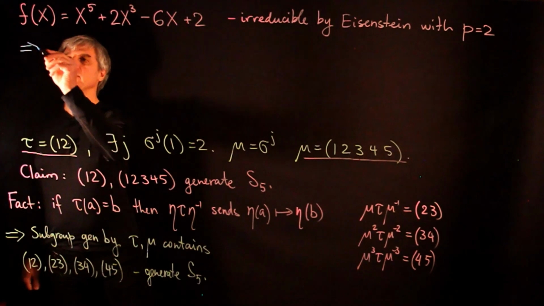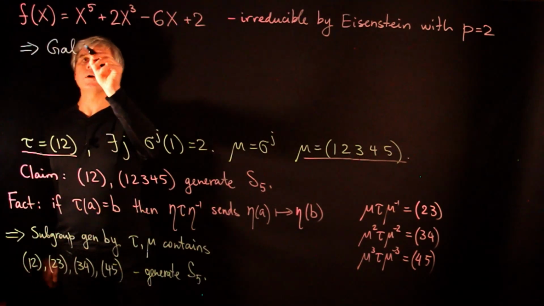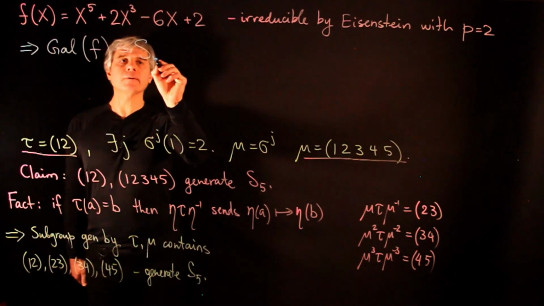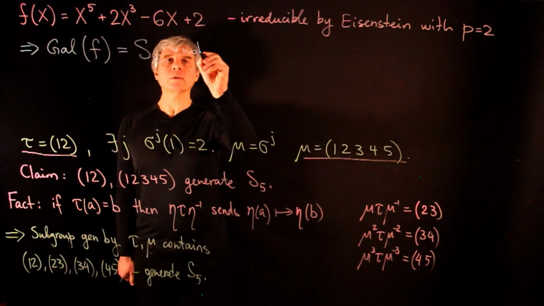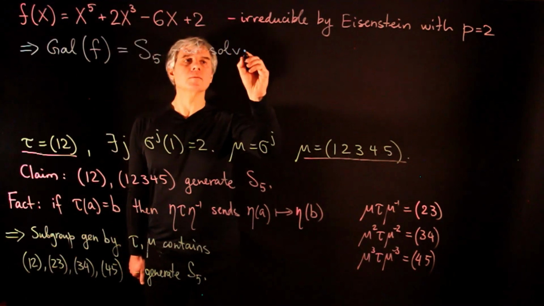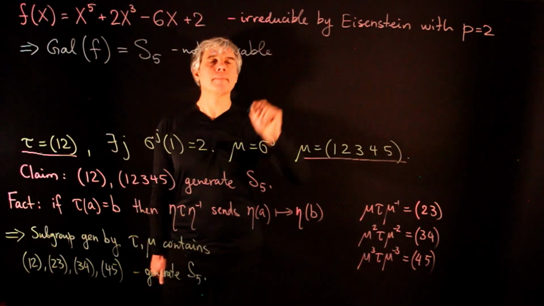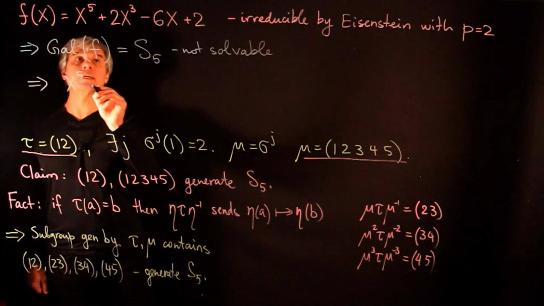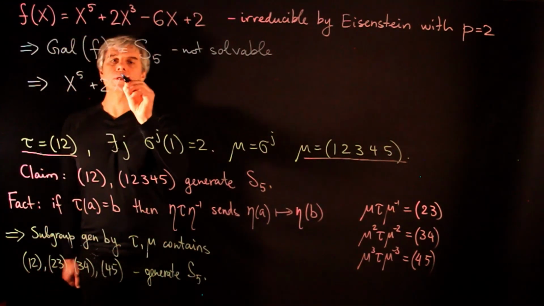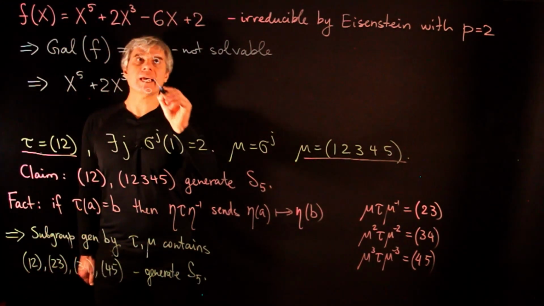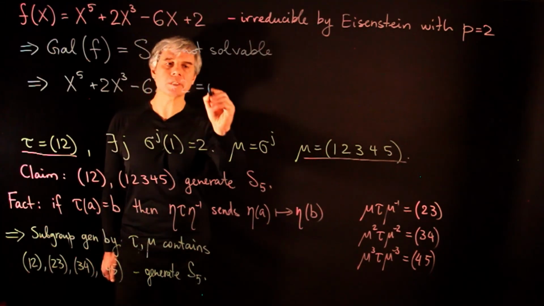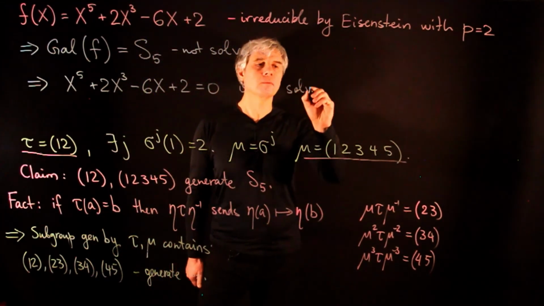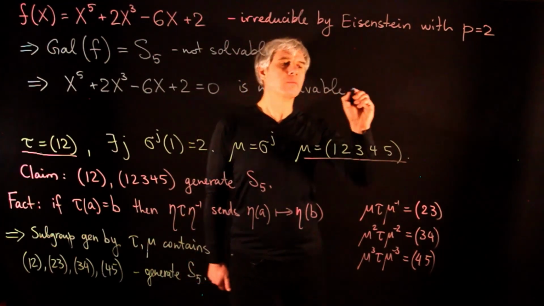And we conclude that the Galois group of this polynomial is equal to S5, which is not solvable. And this means that the equation x to the power of 5 plus 2x cubed minus 6x plus 2 equals 0 is not solvable in radicals.